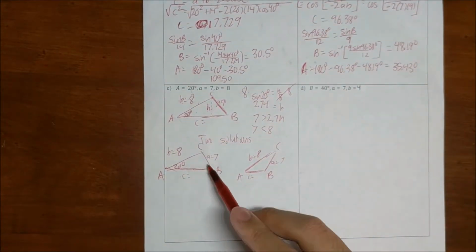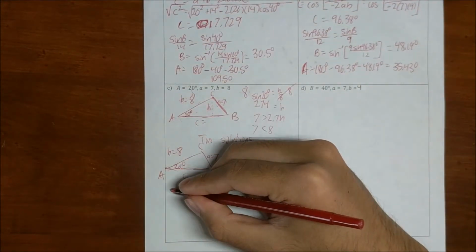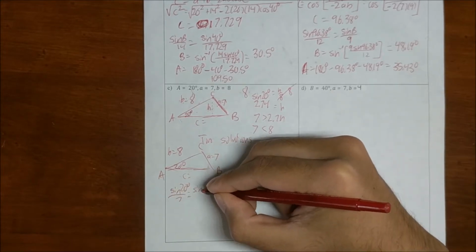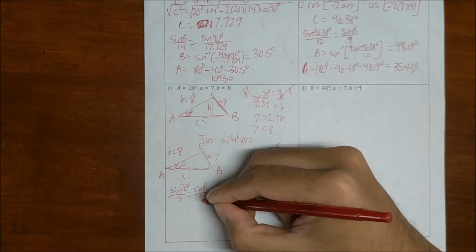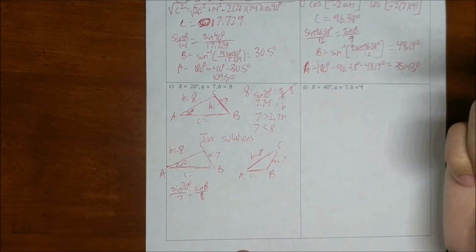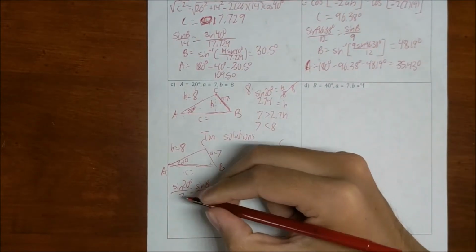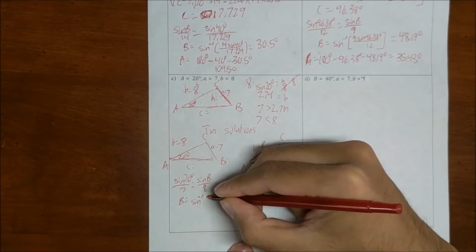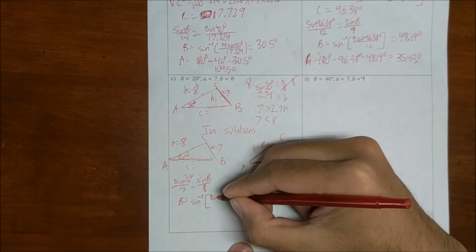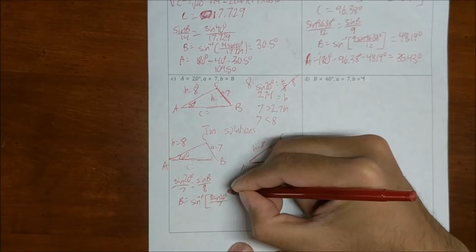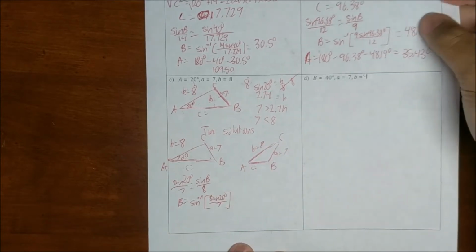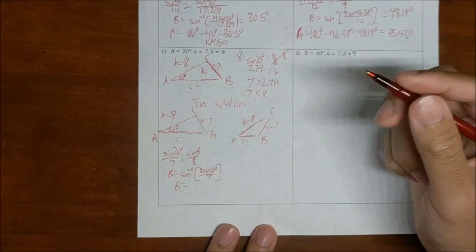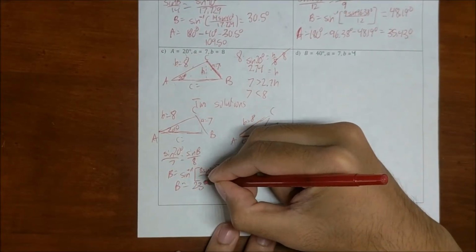Okay, so we can start with law of sines. When we type this into our calculator, it gives us a B value of 23 degrees.